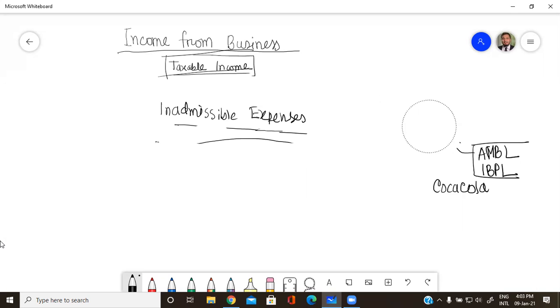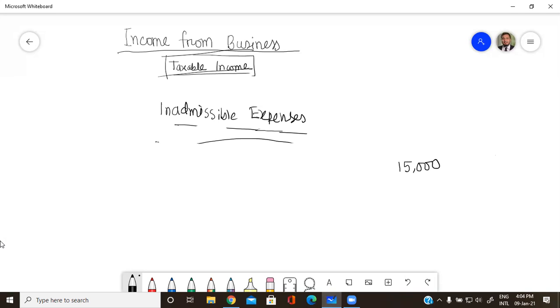So there is another interesting item. A person who works for you, your employee, has a gross monthly salary structure from you which exceeds 15,000, say that amount is 20,000.